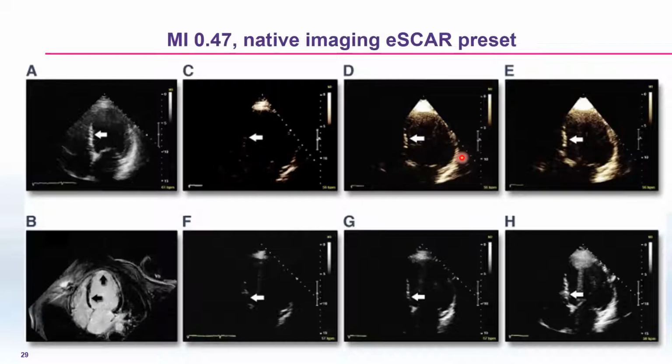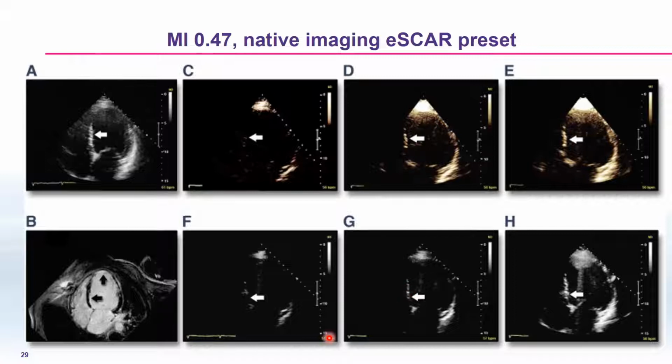There is one preset, the so-called TSCAR preset, which uses a mechanical index of 0.47. It is believed that when you use this mechanical index at lower gains, you can actually image the fibrosis and the scar in a very similar manner to the CMR on transthoracic echo.